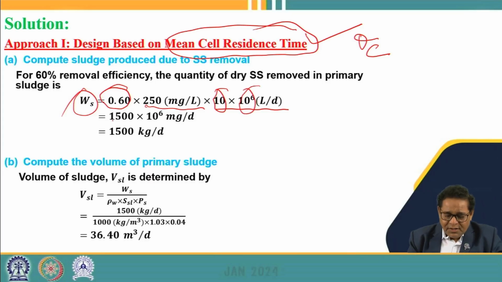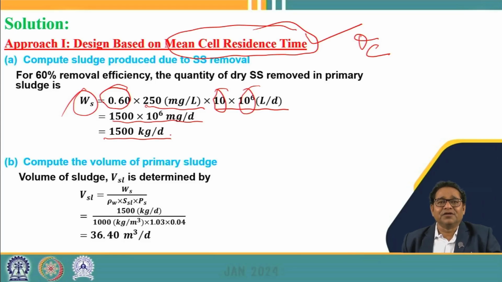This will give us the amount of total solids removed in the primary clarifier, and by calculation that is equal to 1500 kg per day.